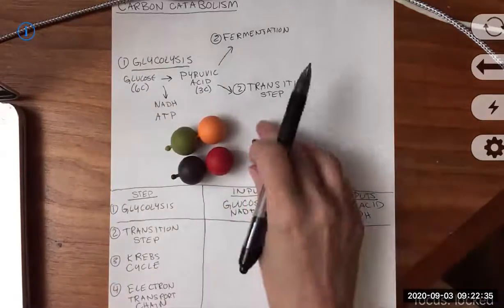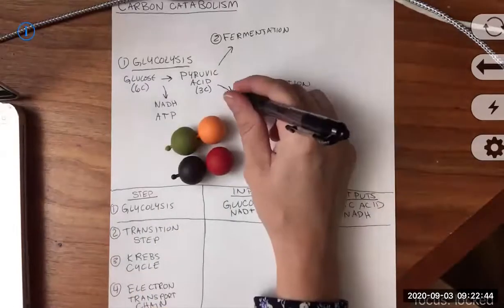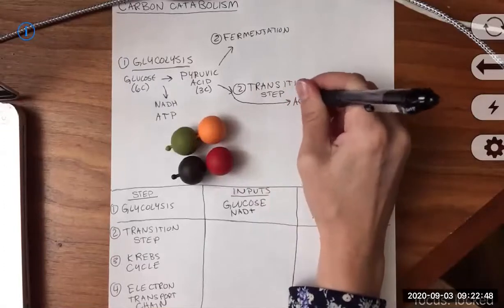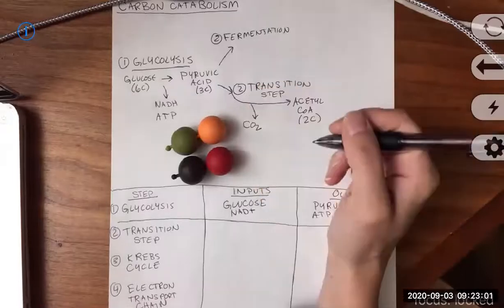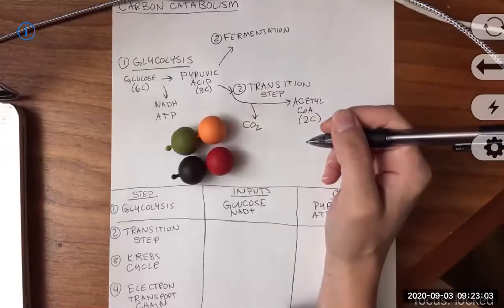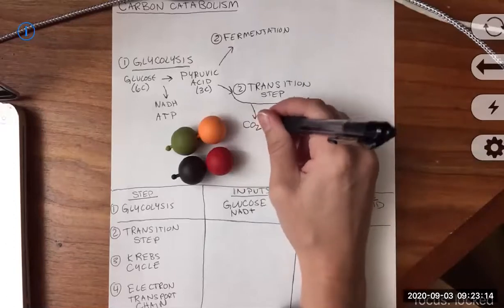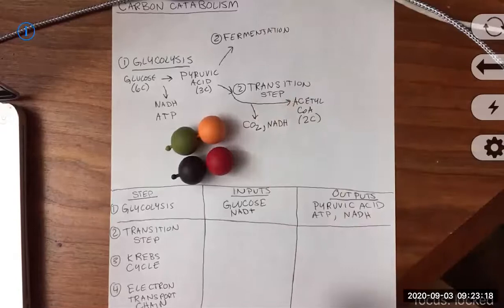And then typically the carbon dioxide is waste and is released from the cell. Acetyl-CoA has 2 carbons. Carbon dioxide is released. And during this process, NADH is also formed by receiving electrons. All right, let's fill in our table.